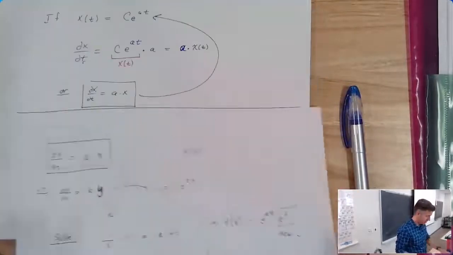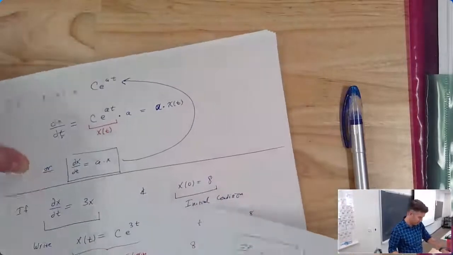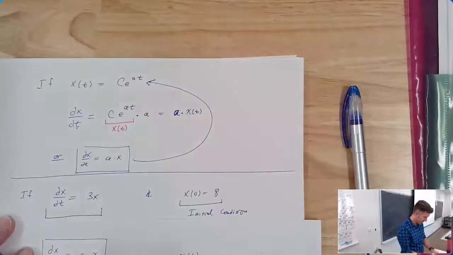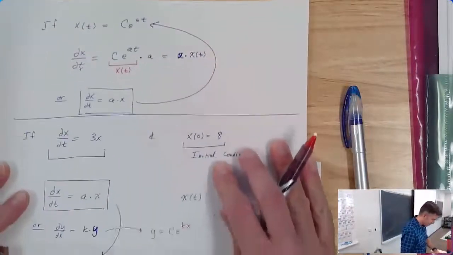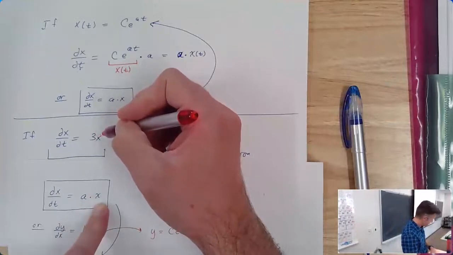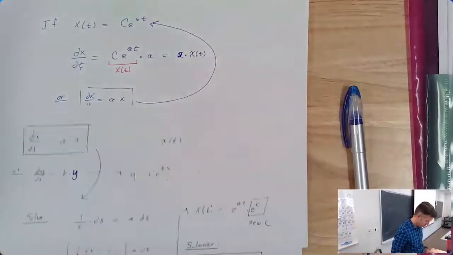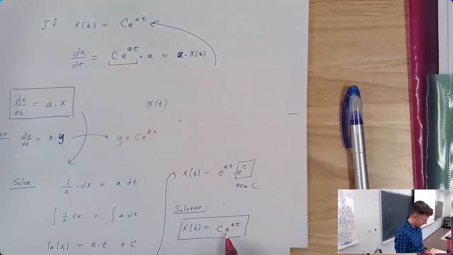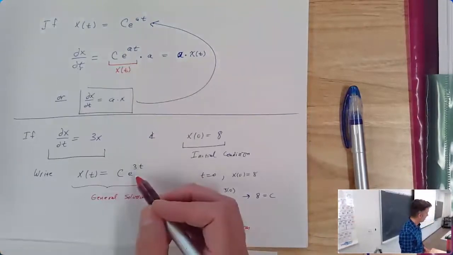I've got the same sort of equation right here: dx/dt equal to a times x. And my solution is x of t equal to C e to the a, which is 3, times t.